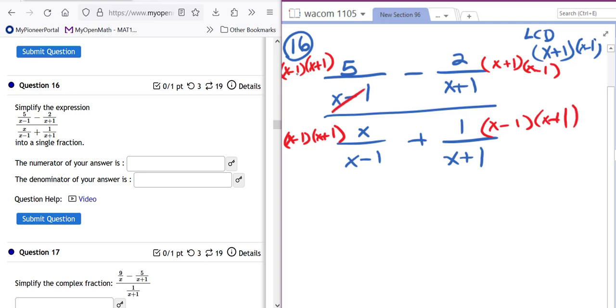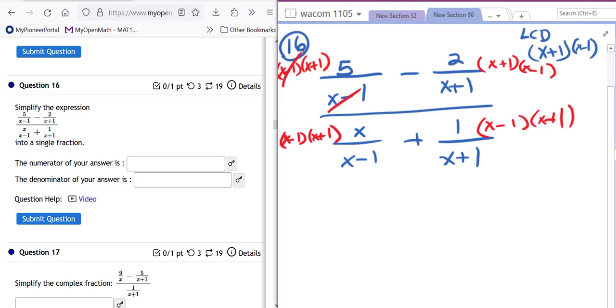All right, clean up all that you can. And then we'll multiply out what's left. So we have 5 times x plus 1 will be 5x plus 5. Right here, watch out, you got that minus 2 to distribute. It distributes to the x minus 1.